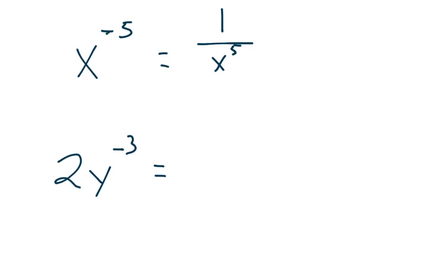In this case, there's no coefficient, or the coefficient is just 1, so it's 1 over x to the 5th. Here, the exponent negative 3 only refers to the y. Y is the base. The coefficient is 2. So the 2 is going to stay in the numerator, but y to the negative 3 can become y cubed in the denominator.